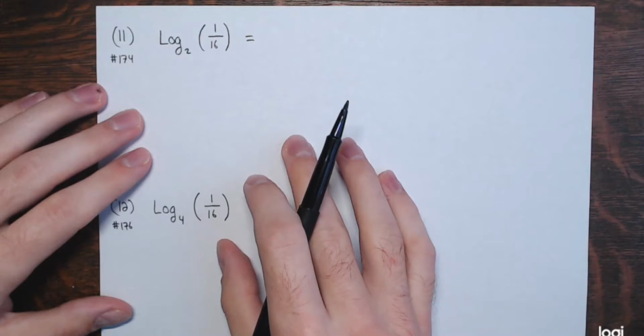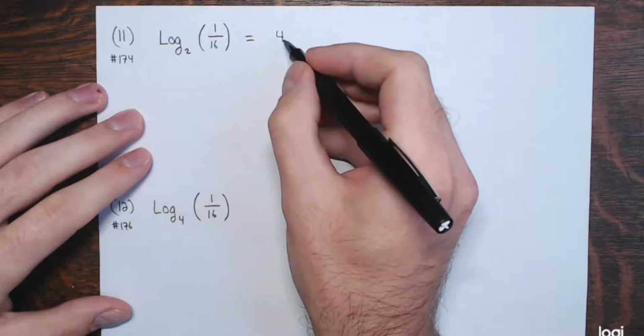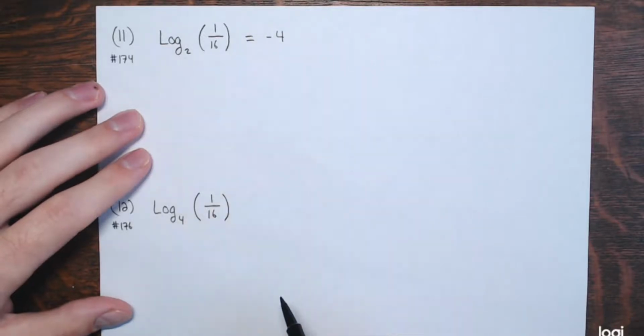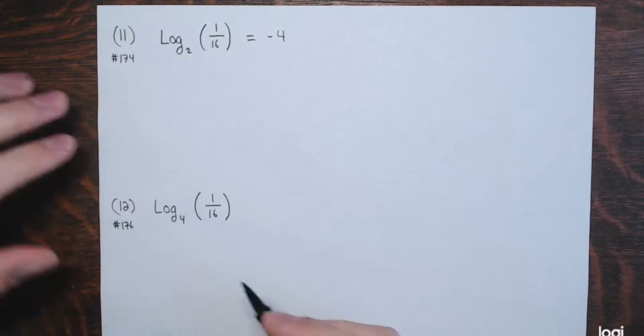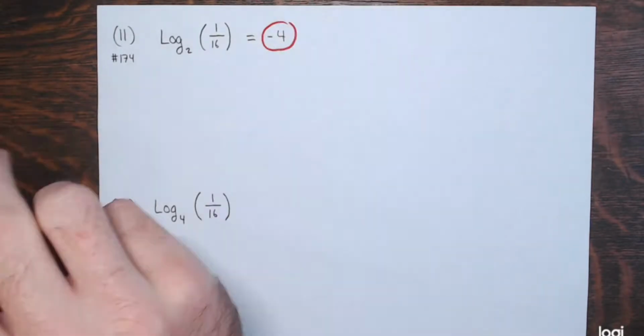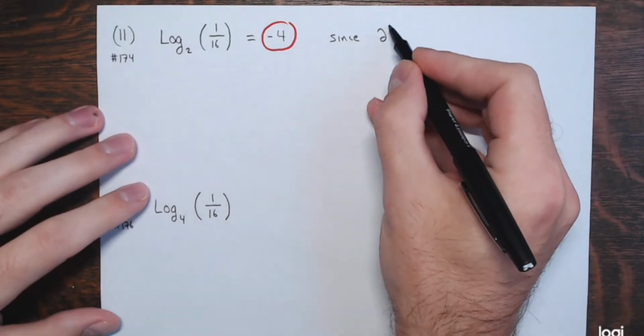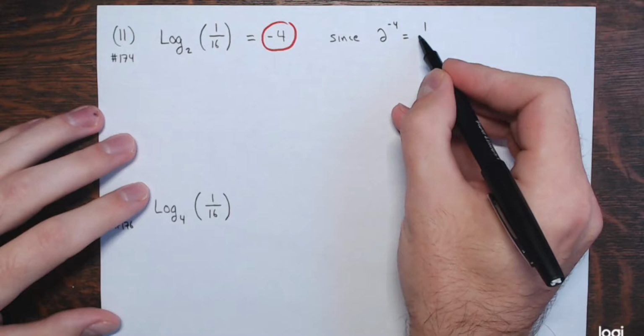We know that 2 to the 4th is 16. So 2 to the -4 would be 1/16. The answer is -4, since 2 to the -4 is 1/16.